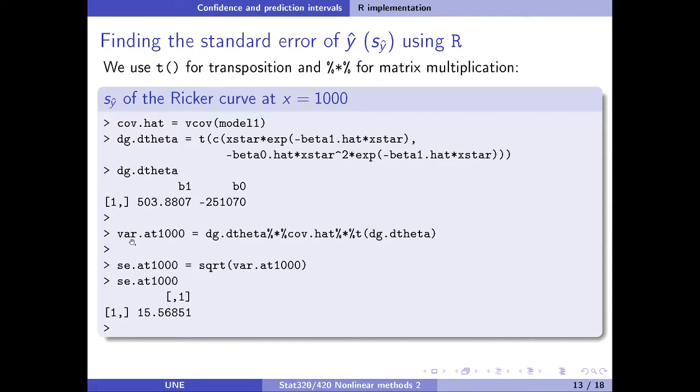To get the variance then, so cov.hat was a preliminary, dg d theta was a preliminary, but the variance is something I'm really interested in. It's dg d theta, matrix multiply, covariance, matrix multiply, dg d theta transposed.